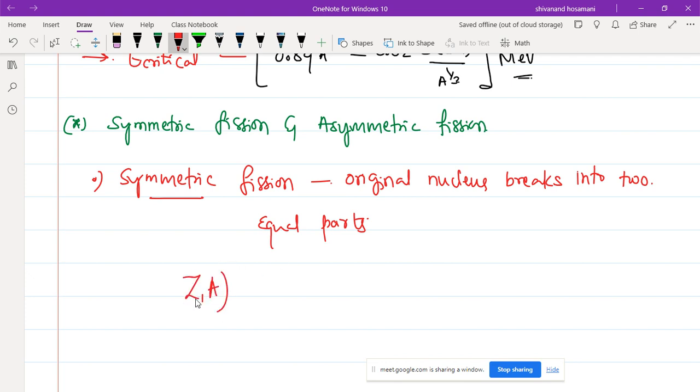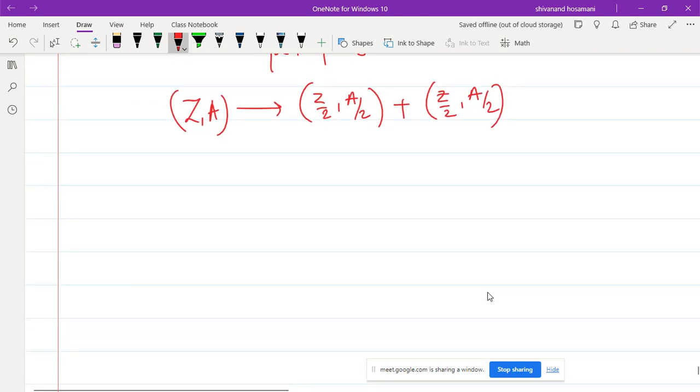ಸೊ Z with A ಅಂತ ಇತ್ತು ಅಂತಂದ್ರೆ ಇದನ್ನ ಡಿವೈಡ್ ಮಾಡಿದೀವಿ ಅಂದ್ರೆ Z/2 A/2 ಹಾಫ್ ಕೊಡ್ತದೆ. ಬಿಕಾಸ್ ನ್ಯೂಕ್ಲಿಯಸ್ಗಳು ನ್ಯೂಟ್ರಾನ್ಸ್ ಪ್ರೋಟಾನ್ಸ್ ಹೊರಗೆ ಬಂದ್ರೂ ಸೇಮ್ ನಂಬರ್ ಆಫ್ ಆಗಿ ಚೇಂಜ್ ಆಗ್ತದೆ. ಸೊ ದಿಸ್ ಇಸ್ ಗೋಯಿಂಗ್ ಟು ಬಿ Z/2 and A/2. ಎಕ್ಸಾಕ್ಟ್ಲಿ ಈಕ್ವಲ್ ಪಾರ್ಟ್ಸ್ ಆಗಿ ಡಿವೈಡ್ ಆಗಿತ್ತು ಅಂದ್ರೆ ಅದಕ್ಕೆ ಸಿಮೆಟ್ರಿಕ್ ಅಂತ ಕರಿತೀವಿ. ಅನ್ಈಕ್ವಲ್ ಪಾರ್ಟ್ಸ್ ಇತ್ತಂದ್ರೆ ಅಸಿಮೆಟ್ರಿಕ್ ಐತಿ. ಜನರಲ್ ಸಿಂಪಲ್ ಅದು.